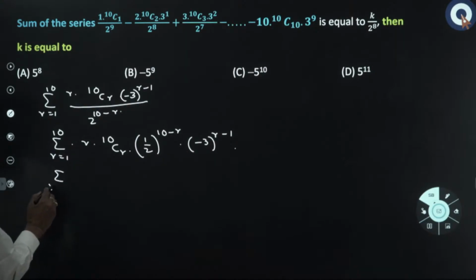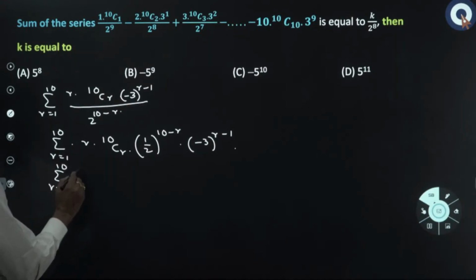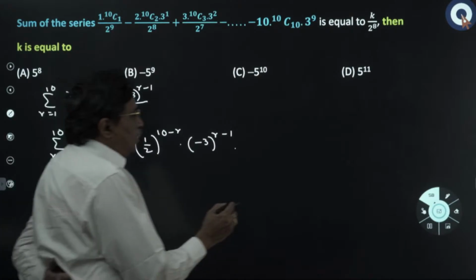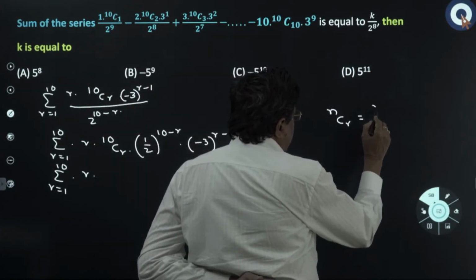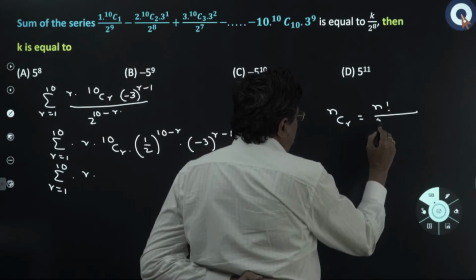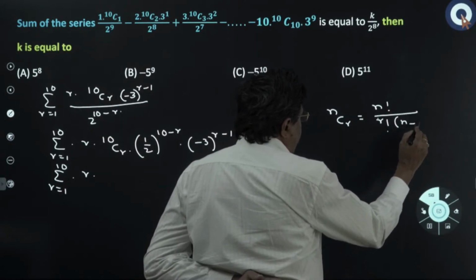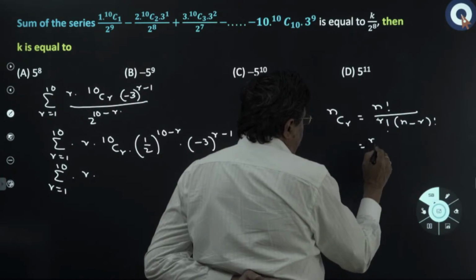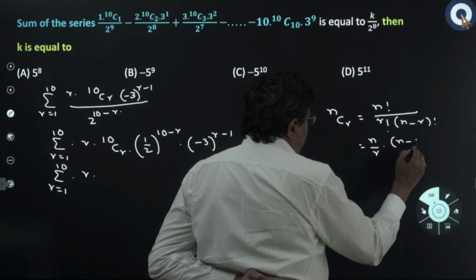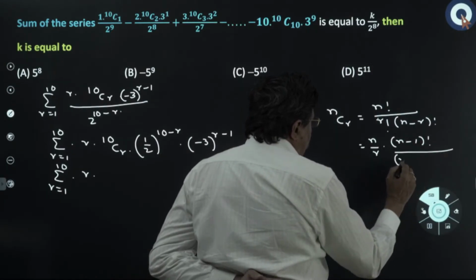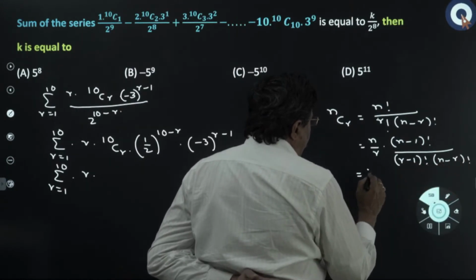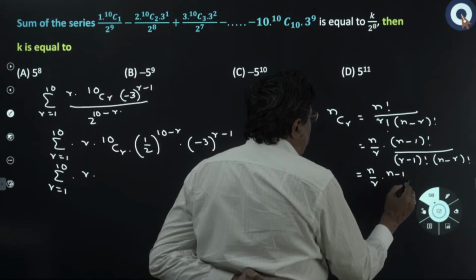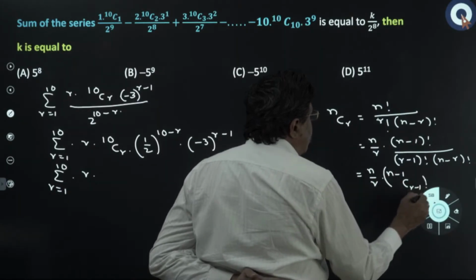So this we can write as sigma r is equal to 1. One important thing is nCr can be written as n factorial by r factorial into n minus r factorial, right? So if I write n by r into n minus 1 factorial by r minus 1 factorial into n minus r factorial, this becomes n by r into n minus 1 C r minus 1. This result is very useful.